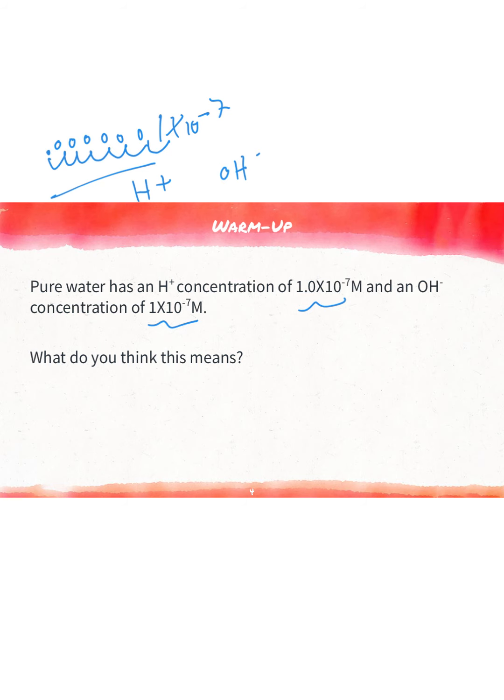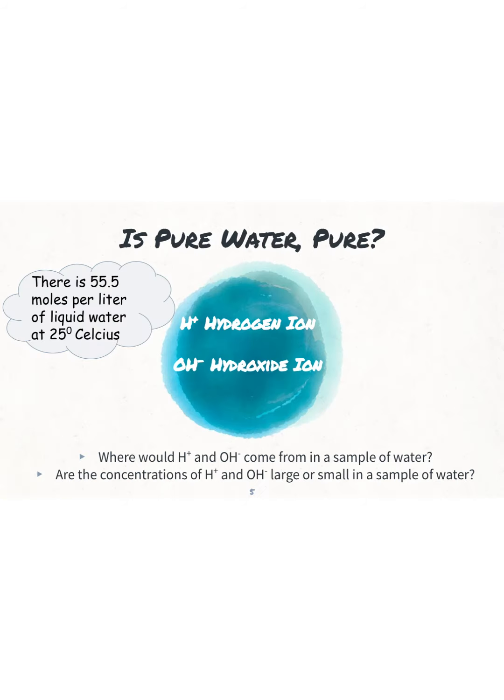Some of you may have been wondering, well, if this is pure water, why is it breaking up into hydrogen ions and hydroxide ions? Where exactly would the source of hydrogen ion and hydroxide ion be in a sample of water? A key point is that in pure water at 25 degrees Celsius, there's about 55.5 moles of H2O per liter.